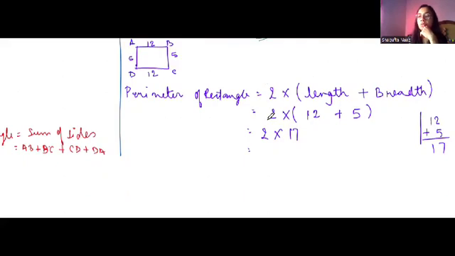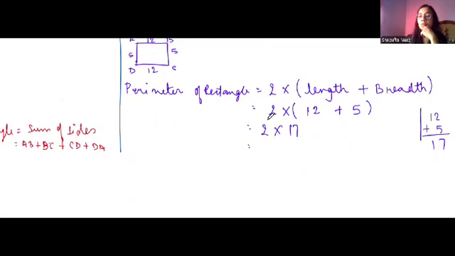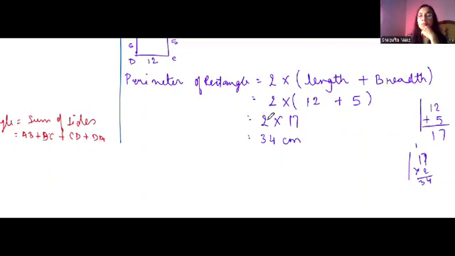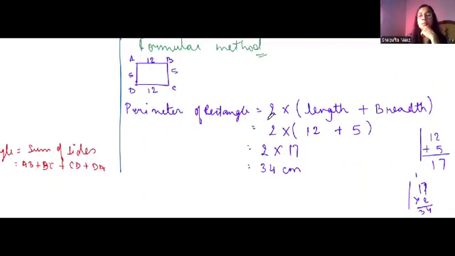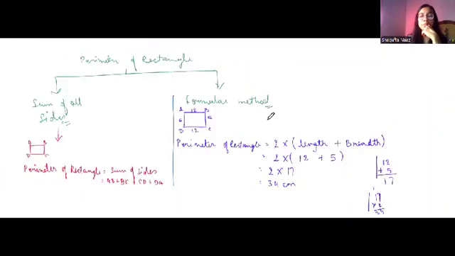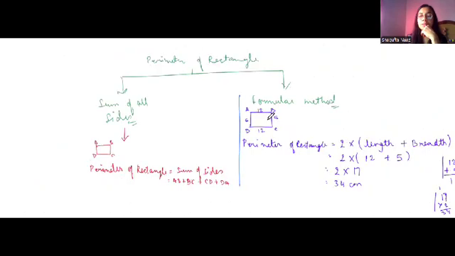Now we multiply 17 by 2. 2 sevens are 14, 2 ones are 2, so 34 centimeter. So what do we have? The perimeter of the rectangle from the formula method and from the sum of all sides method. The best method I can suggest is the formula method.